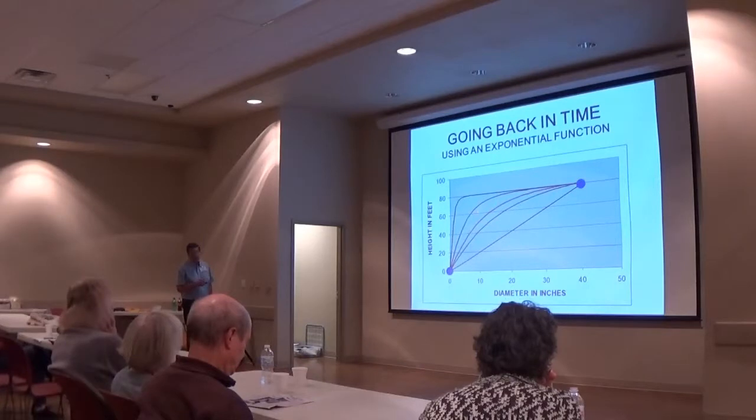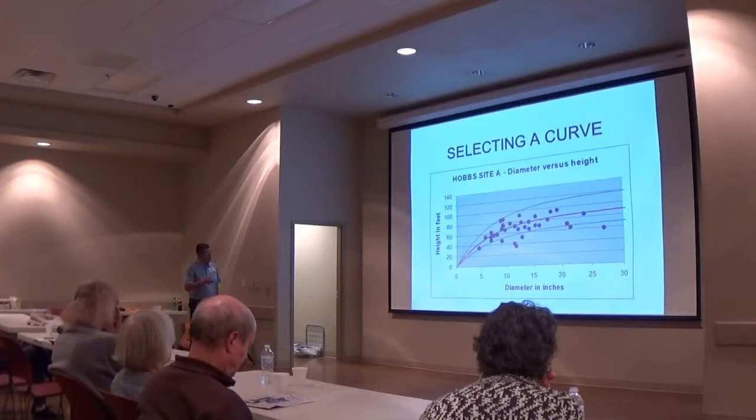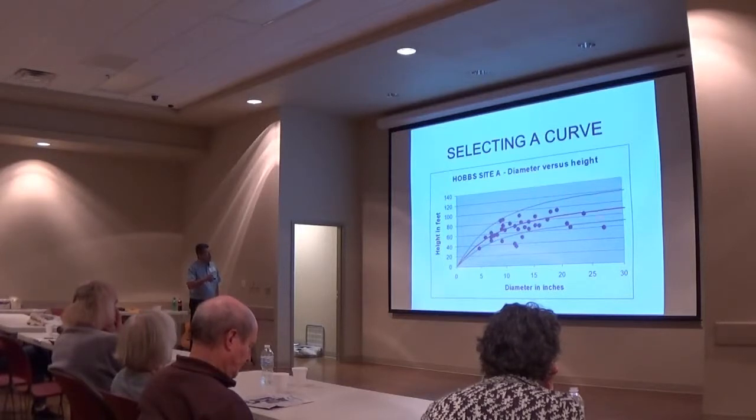And the red curve is going to turn out to be the curve we want to use. But how do we get there? Well, what I did was look at all of the heights versus diameters of the trees and see that they formed a trend like this, and that this curvature of the red line goes right through the middle, and the same curvature going to a different amplitude pretty much encompasses the higher and lower ends of this envelope.